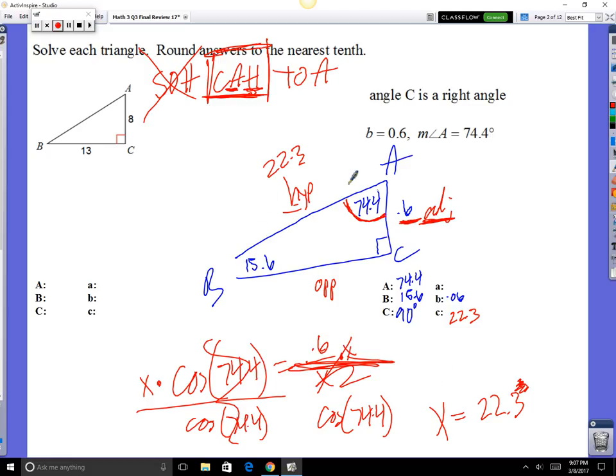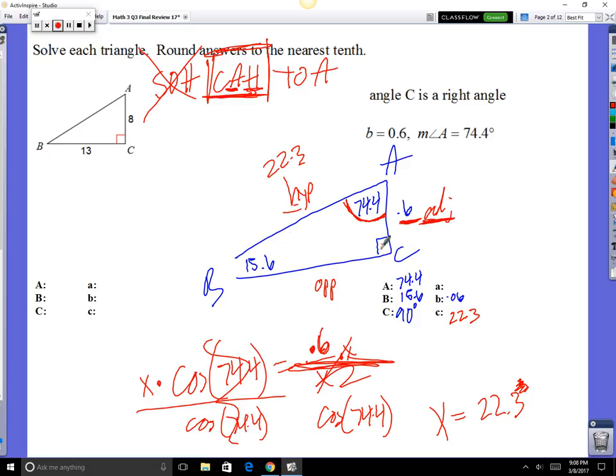So look, I'm looking at it, and 22.3 is super long compared to, that's 0.6, that's not 6. On my calculator, I did not type in 0.6, I just typed in 6. So look at your answer, and if it seems to be way too big or way too small, go back and check your work, and it's probably messed up.